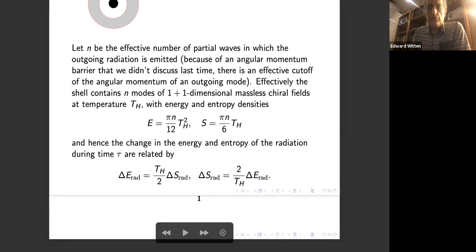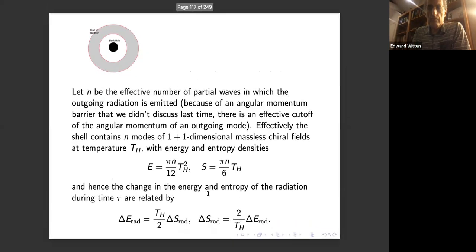If you compare these formulas, you'll see that the energy of thermal radiation in 1+1 dimension is the temperature over 2 times the entropy of the radiation. Comparing the formulas, there's an extra factor of T Hawking, but there's also an extra 1/2.